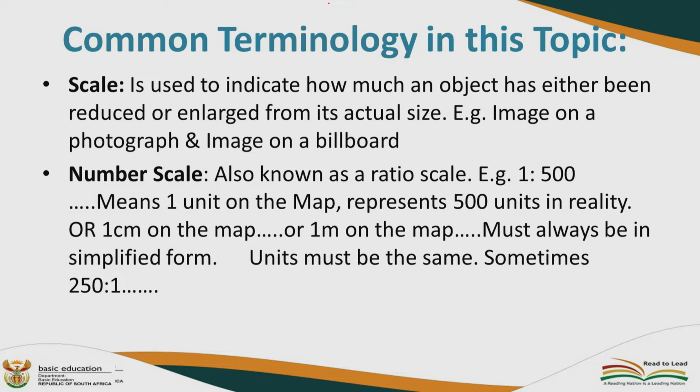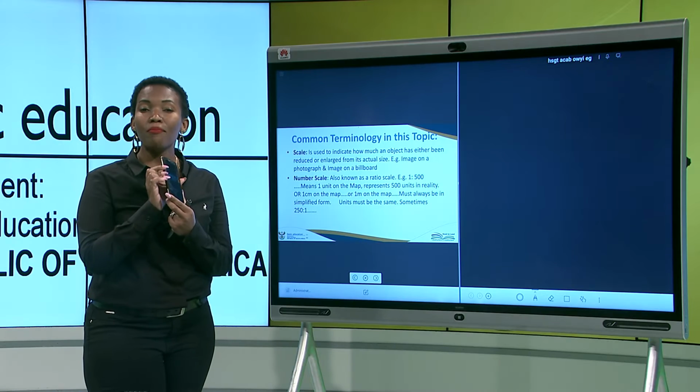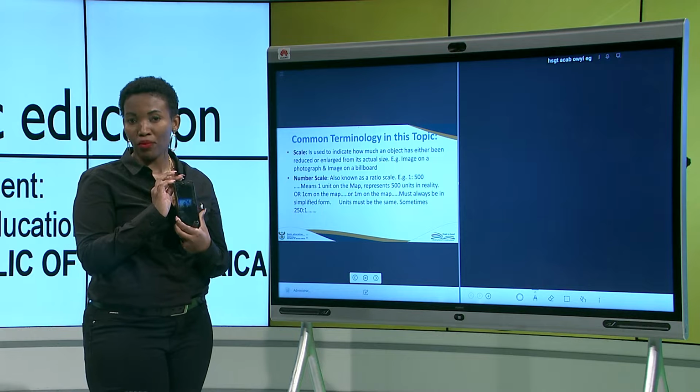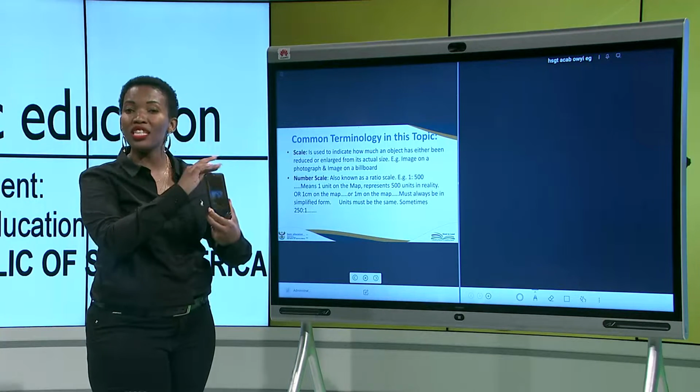Scale is used to indicate how much an object has either been reduced or enlarged from its actual size. When I talk about an object being enlarged or reduced, let's take for an example. I have my cell phone here, and then on my cell phone, I have my image. This is a picture of me, and it's a full-length picture. You can see myself, my entire body is here.